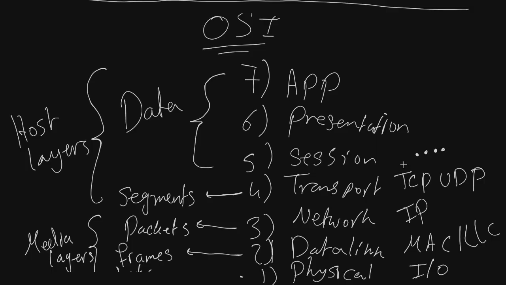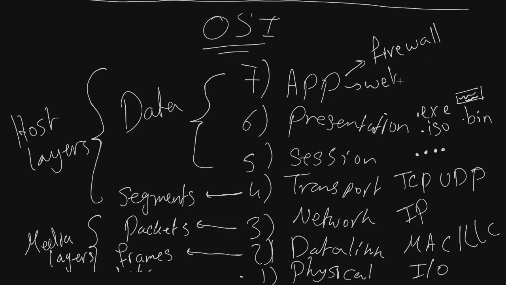Presentation is like .exe, .iso, whatever, bin. These are the headers for the file that define it, sometimes called metadata. And this is the app. The app layer is like the Chrome you see in front of you, the web interfaces and the web apps, and so on.